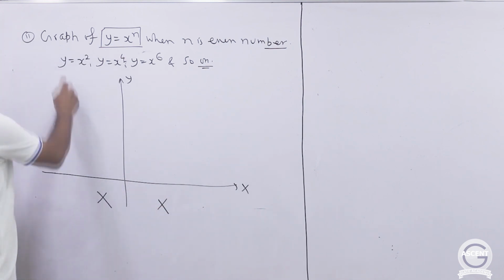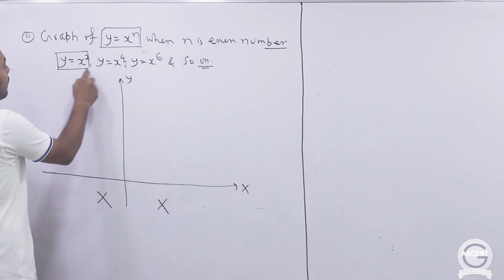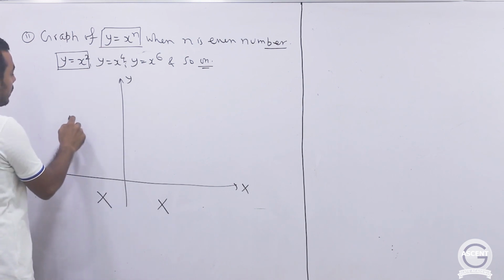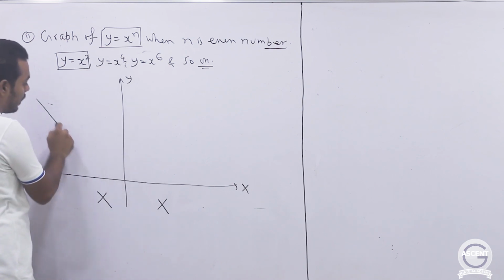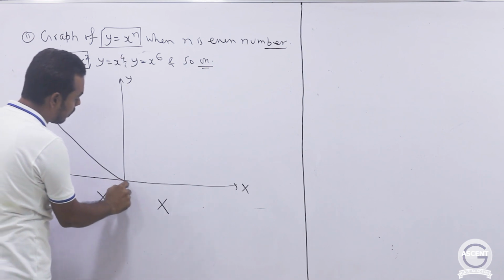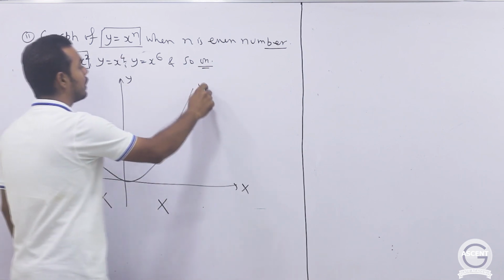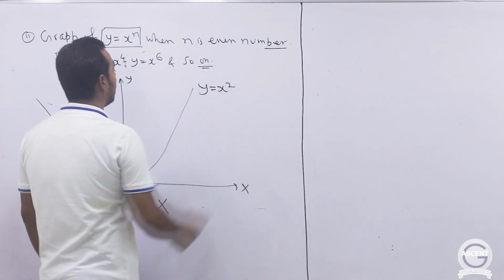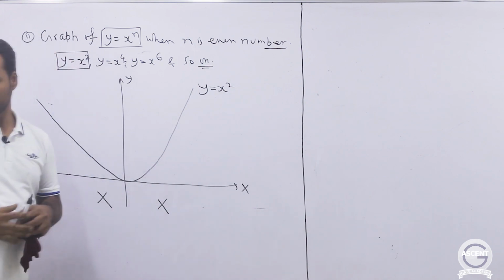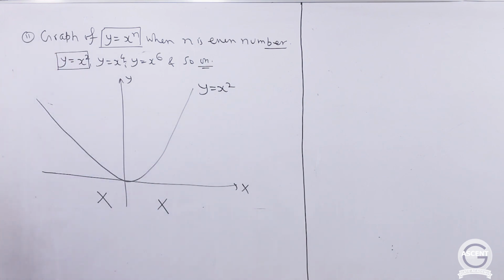Now we all know that the graph y equals x square is an upward parabola, right? This is your graph of y equals x to the power 2. Now suppose we want to draw the graph of y equals x to the power 4.